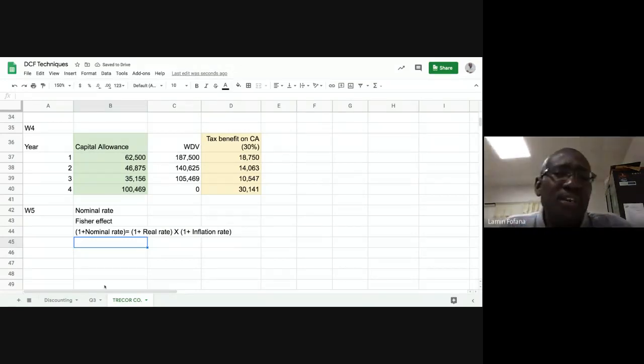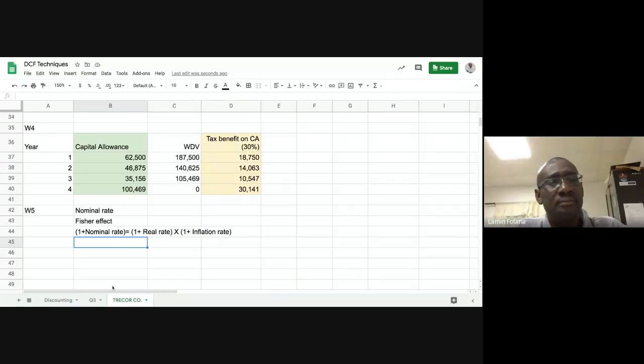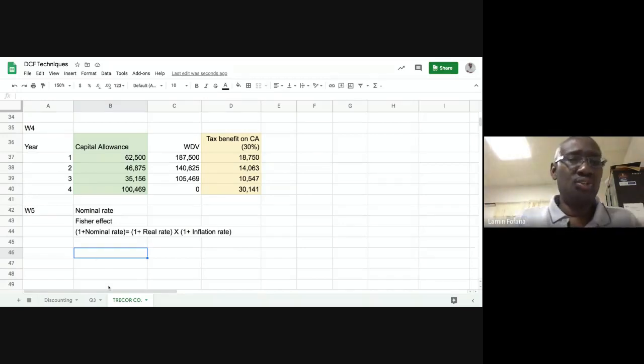So what we have been given in the question is the real rate and the inflation rate. So we should use this formula to calculate our nominal rate. Okay, so let's break it further. For nominal rate, I'll just abbreviate it. So I'll say bracket opens 1 plus NR equals bracket opens 1 plus, we know our real rate is given in the question.